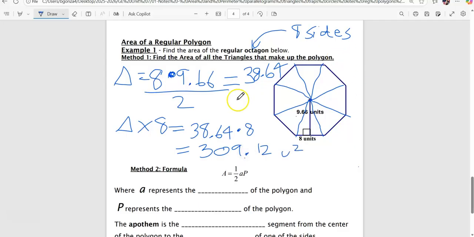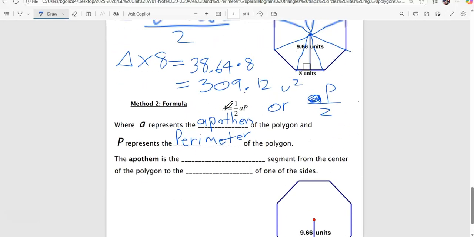Okay. Now, the formula, this is important. It's going to be 1/2 little a p, or I like AP over 2. But it's very important that we notice that little a stands for the apothem, A-P-O-T-H-E-M, apothem. P is the perimeter of the polygon. Okay.